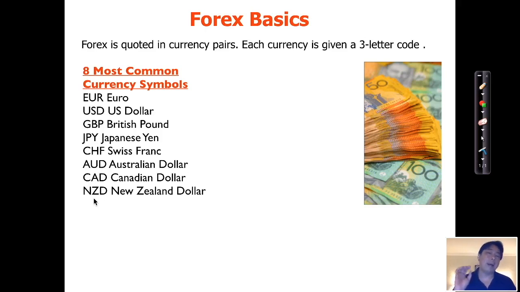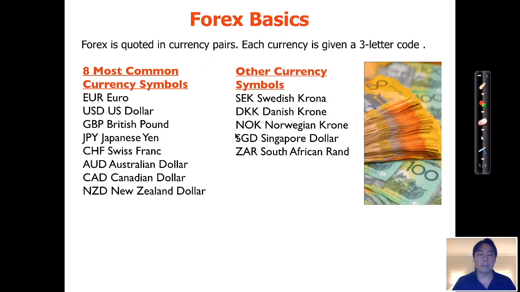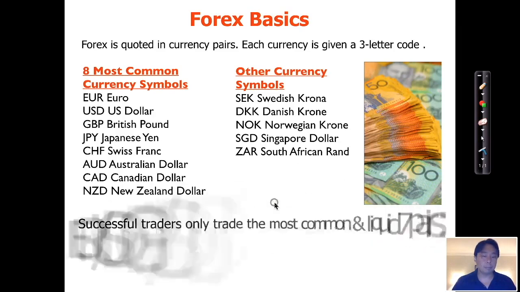So these are the 8 most common currency symbols that we will be trading. We won't be trading Zimbabwe dollars or Singapore dollars. No, that's too exotic. All right, main currency pairs. So again, these are other currency symbols that we won't be trading. At least I don't trade them.